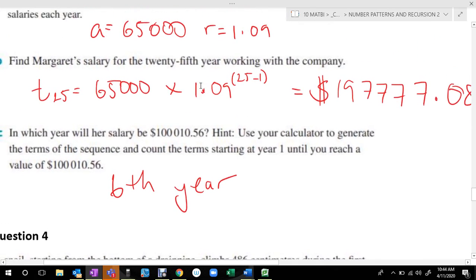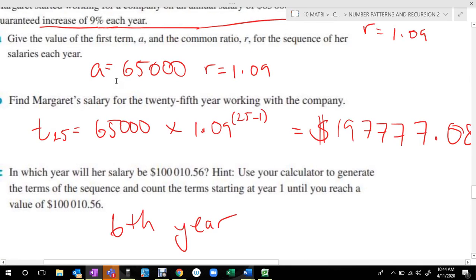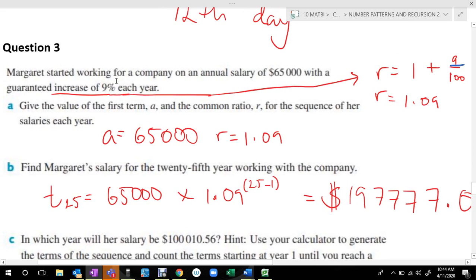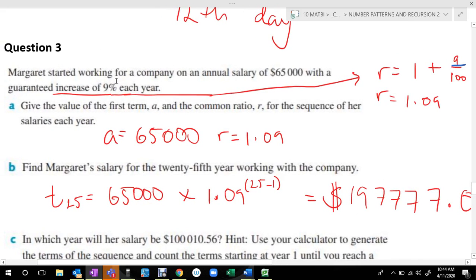Well, I'm not using a V0 here, am I? Well, for this one, you need to try and understand how it works. When you start a job, on your first year, is that your first year or is that your starting year at the job? It's your first year. Technically, like when I started working at Lakeview, my salary at my first year job here was like 50 grand. I'm not going to say that's my V0, because it's my first year here.